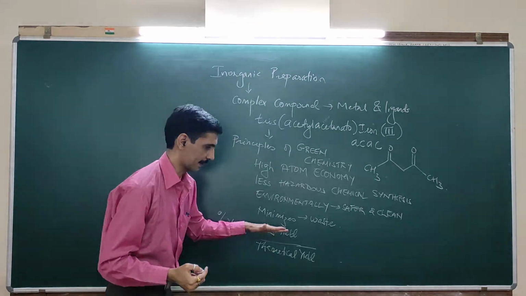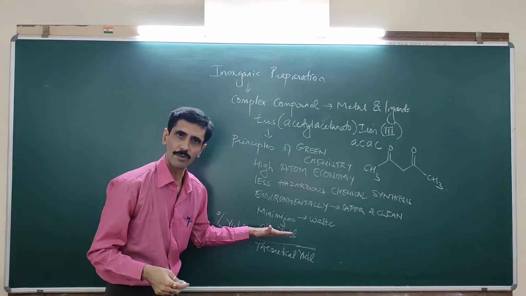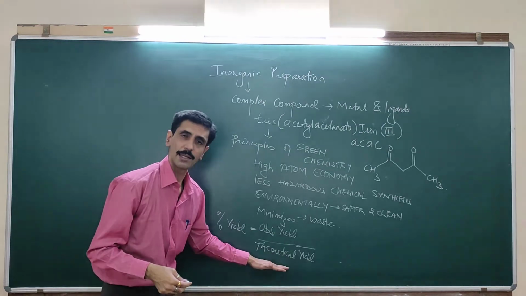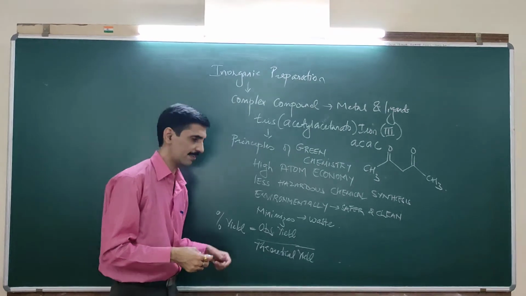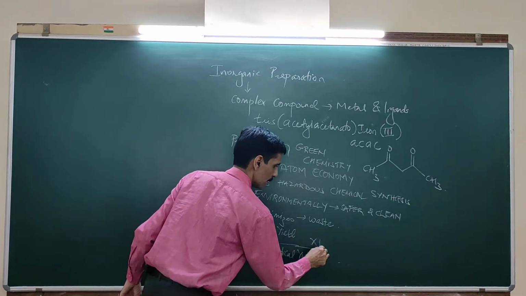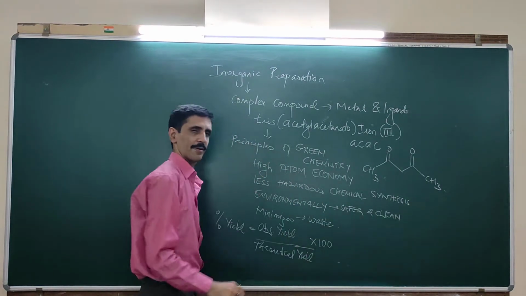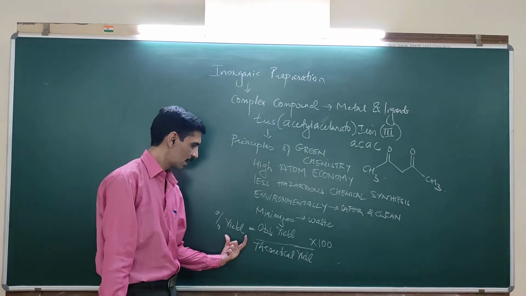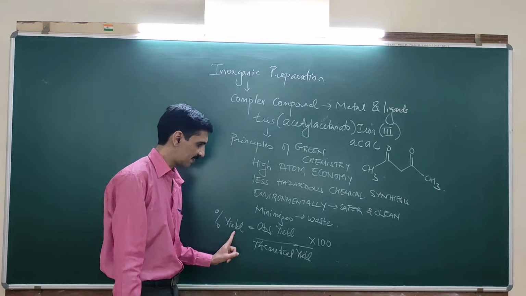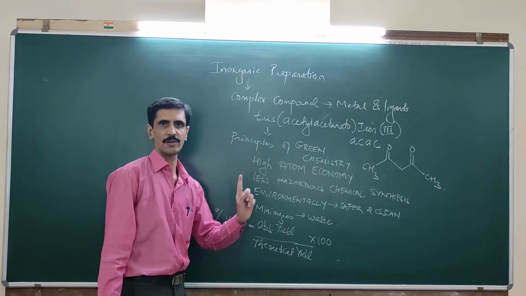So we have a practical yield, or observed yield, divided by the theoretical yield. And because it is to be expressed in terms of percentage, we multiply this by 100. So you can see here, my dear friends, the percentage yield is directly proportional to what? The observed yield.